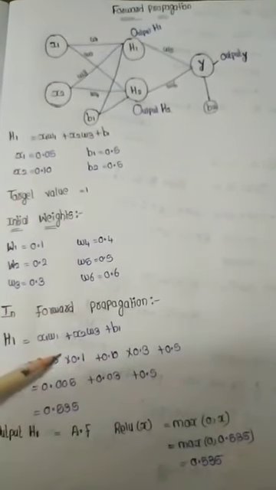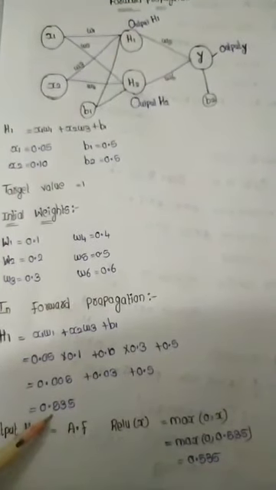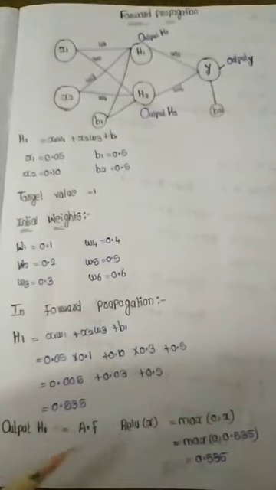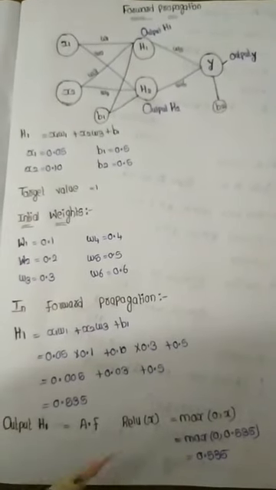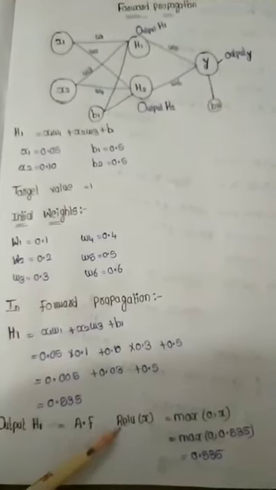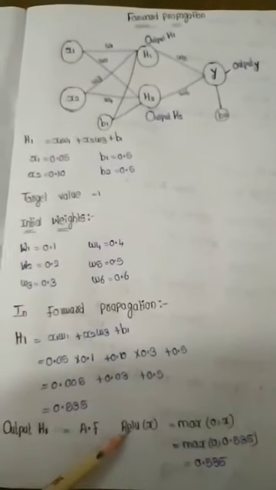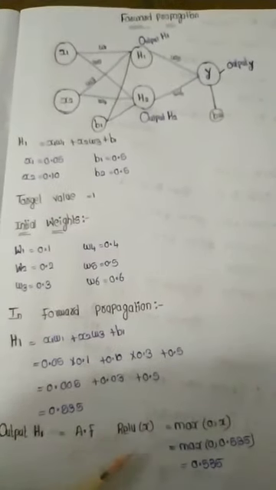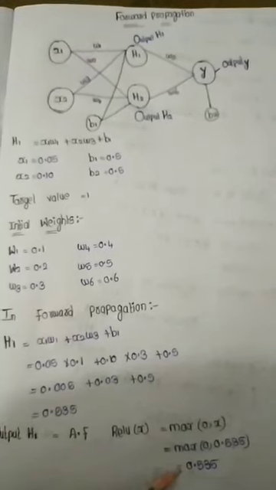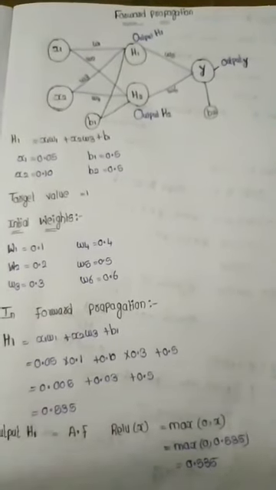After applying this we get 0.535. I have said in hidden layers we generally use the ReLU activation function. So after applying the ReLU activation function we get the output as 0.535.